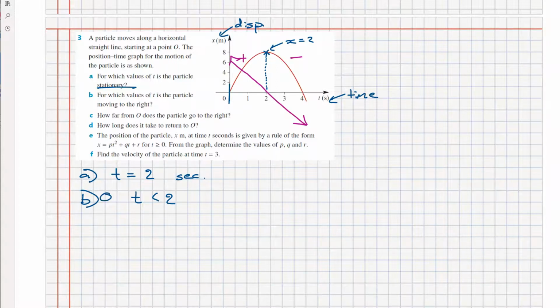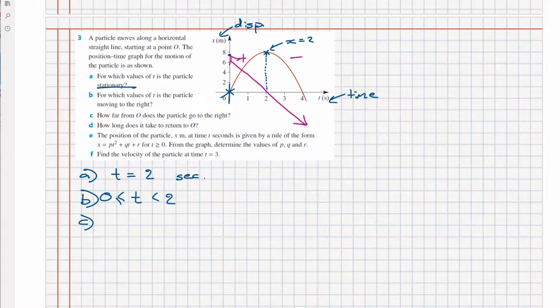The domain, t cannot be less than 0. So I'm going to put down 0 is less than t is less than 2. The reason being at t equals 0, the velocity is at 0 as well. Actually, no, it should be that. That's better. So 0 is less than or equal to t is less than 2 because we're looking at up here.